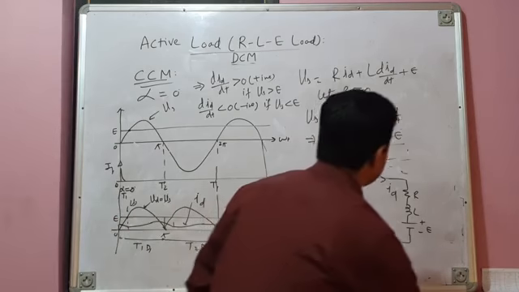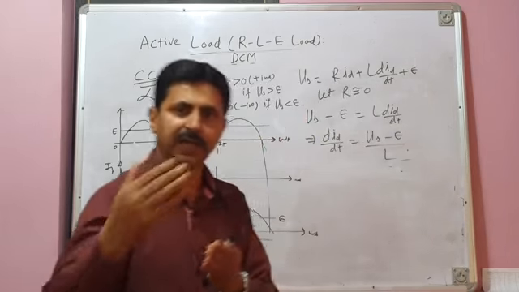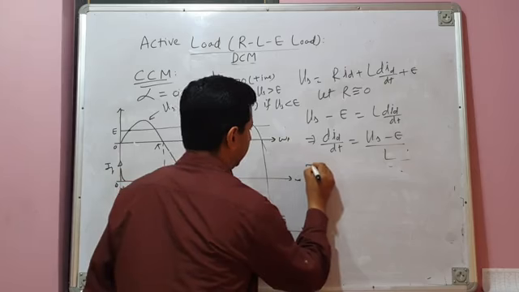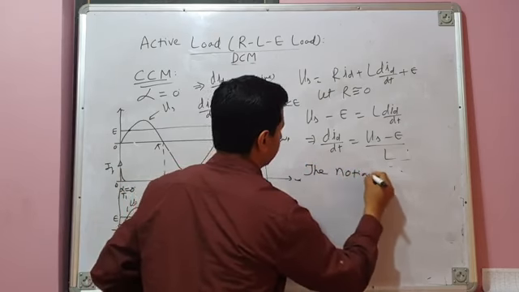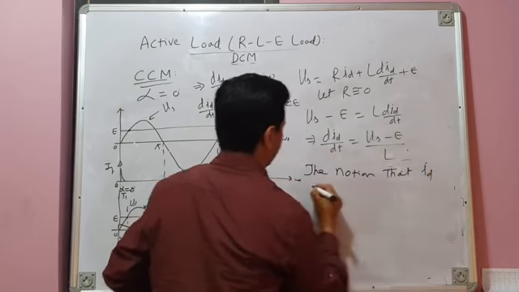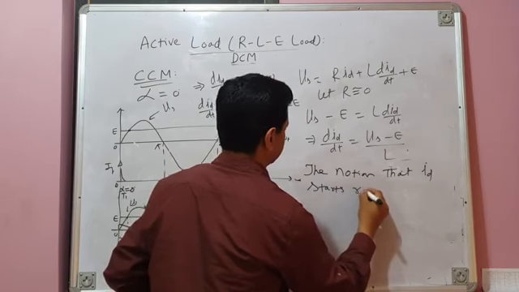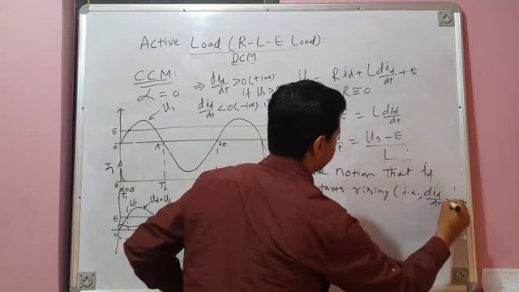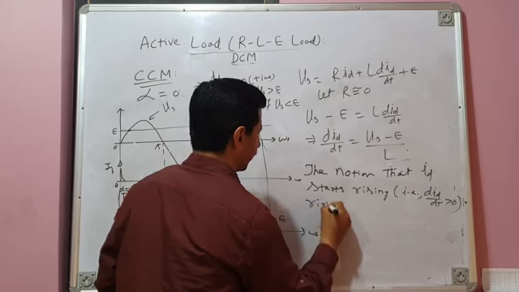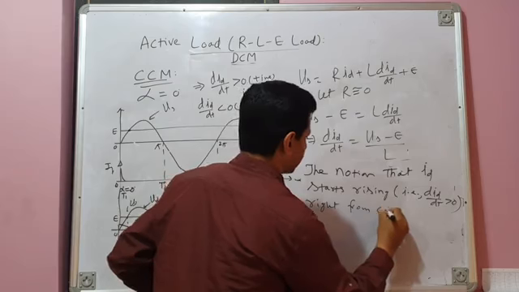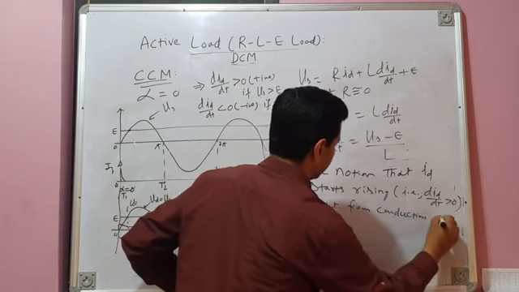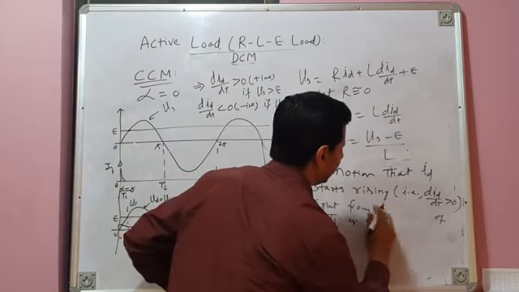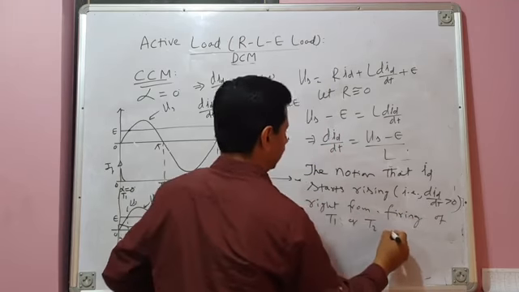So the notion that ID starts rising, that means dId by dt becomes greater than 0, right from the conduction of T1 D1 or T2 D2, right from the firing of T1 or T2, is wrong.